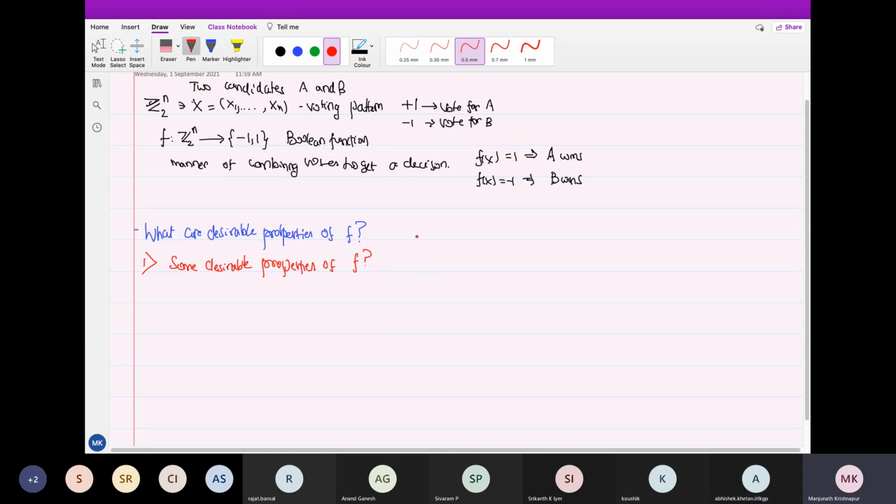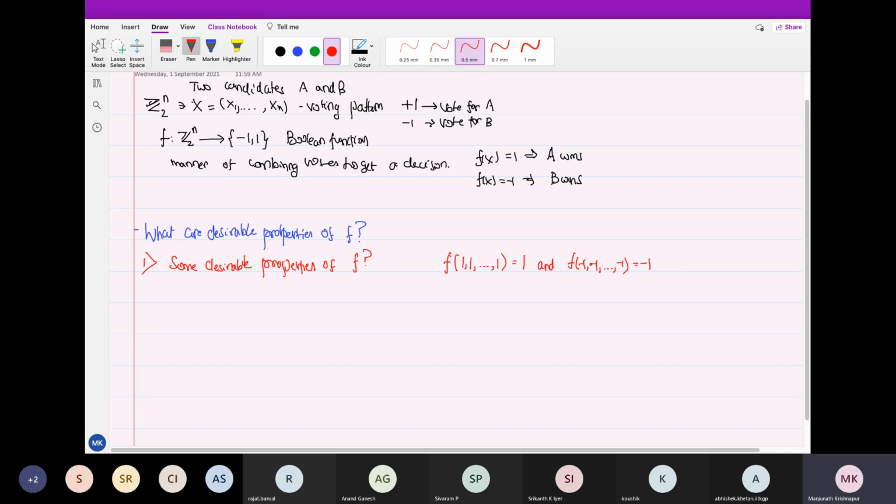Okay, so there are some properties that one can give. If you take, if everyone votes for candidate A, okay, so if f of (1,...,1) is 1, then you should not choose the other candidate, right? So this would be a good property. And similarly, if everyone votes for B. It's a very weak property.